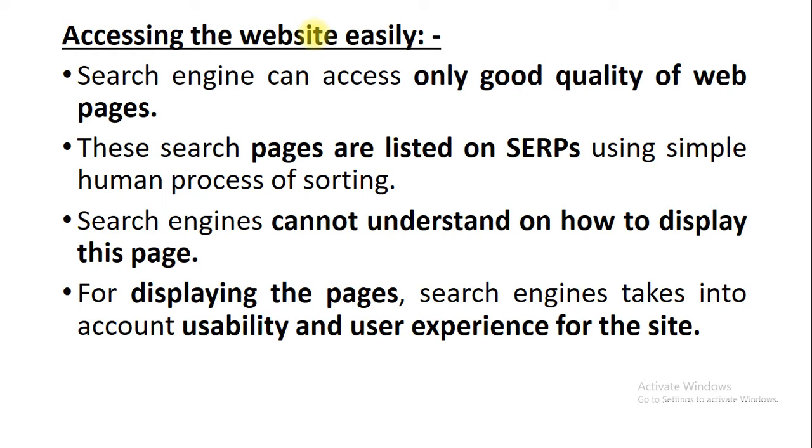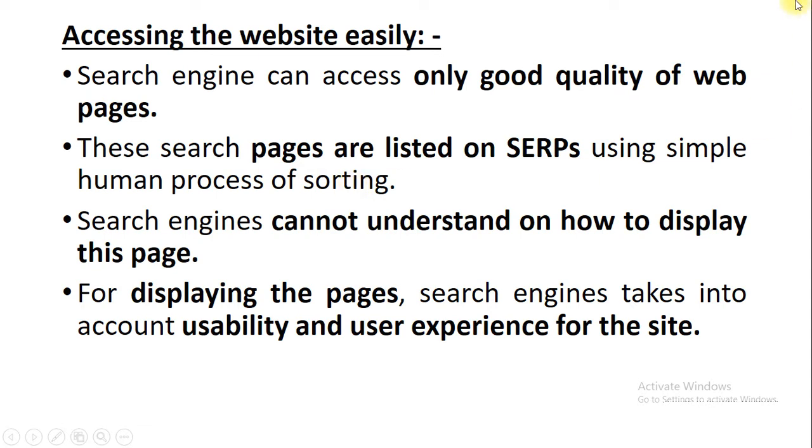So when you provide good quality content regarding the website, those pages are going to be crawled by the crawler, and later on they are indexed. Once your pages are indexed, they can be easily available on the search engine result pages. You can compare this process with the simple human process of sorting, in which humans are going to sort.